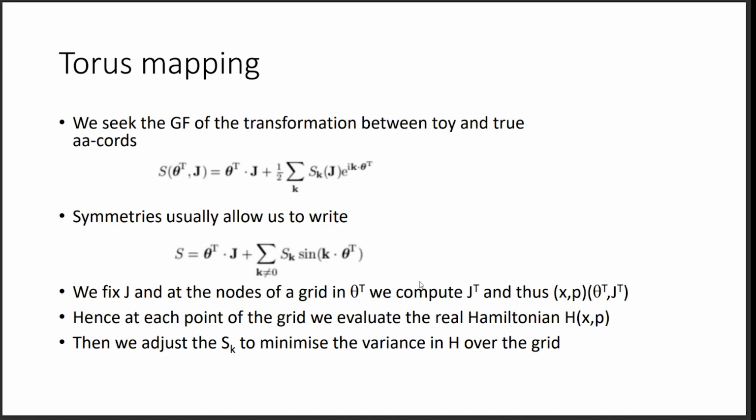So if I got rid of all the S, these are the numbers we're going to search for, S_k of J. If this wasn't there and the generating function was just this, we would have an identity transformation because theta would be equal to theta t, and J t, which is equal to the derivative of this with respect to theta t, would be just J. So this part is the identity, and this part is shifting us away from the identity.